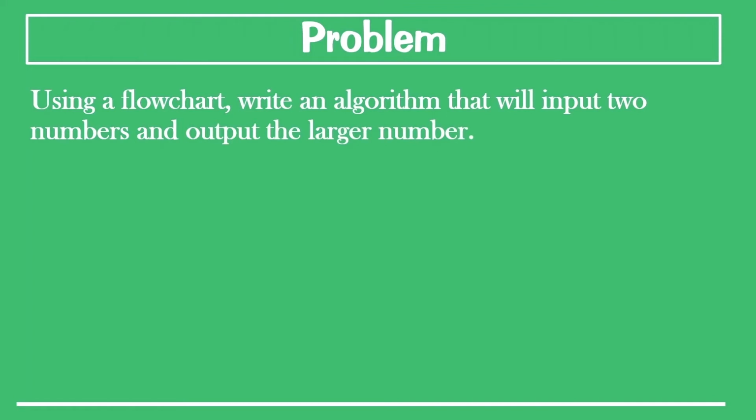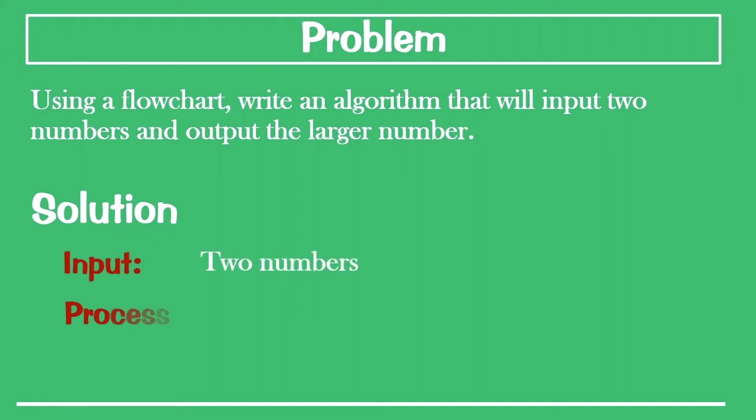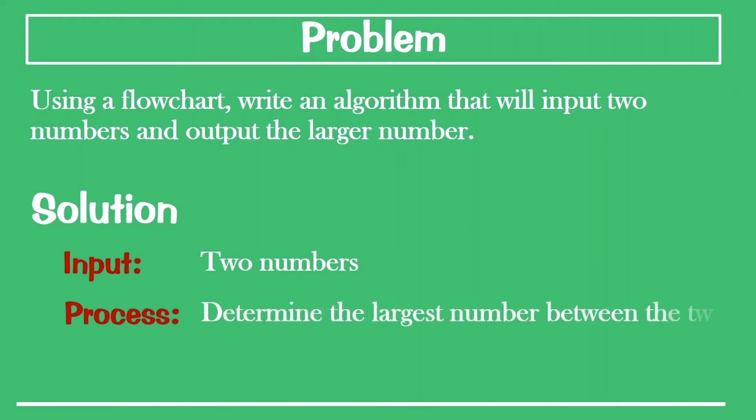Now, we need to identify our input, process, and our output. Input here will be the 2 numbers. Process is to determine which number is the largest between the 2 numbers. Finally, our output will be the larger number.